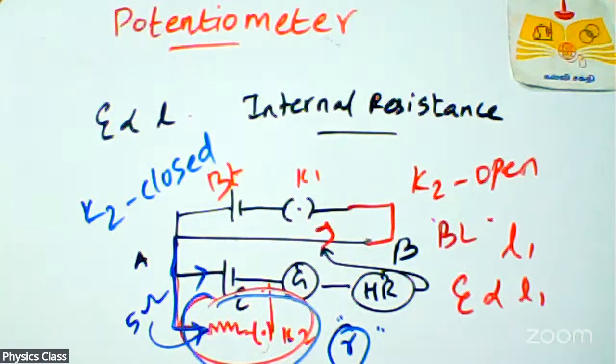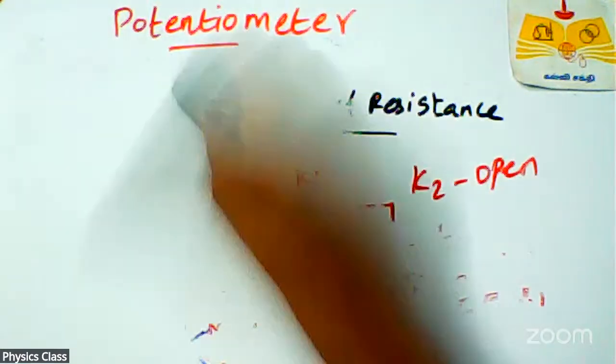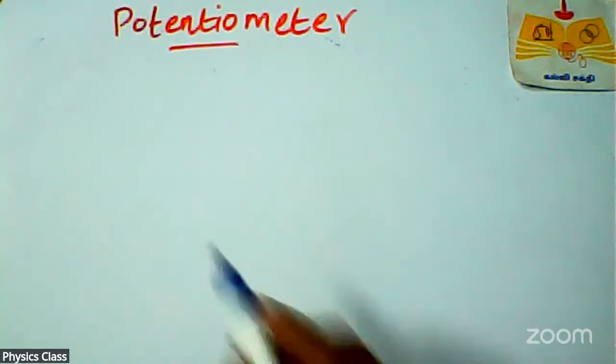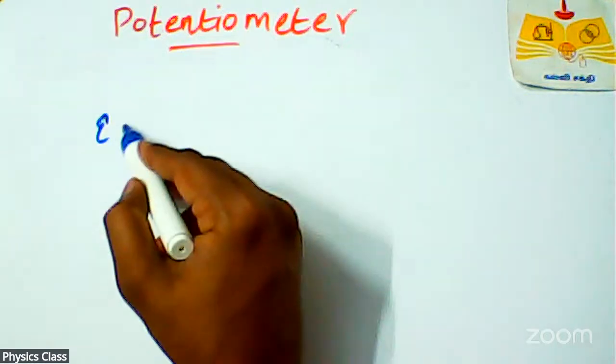Okay. Then next, we know that for the two cells, E is directly proportional to L1.